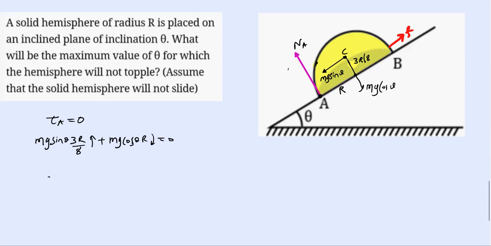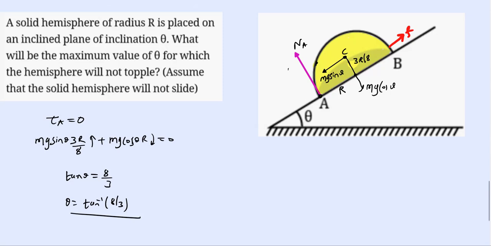Now mg will get cancelled out. Tan theta equals 8 by 3. So the maximum value of theta will be tan inverse of 8 by 3.